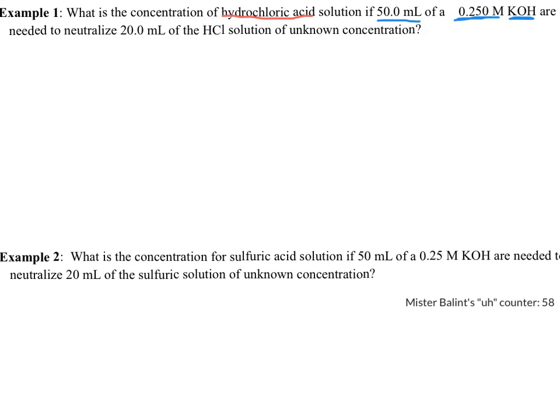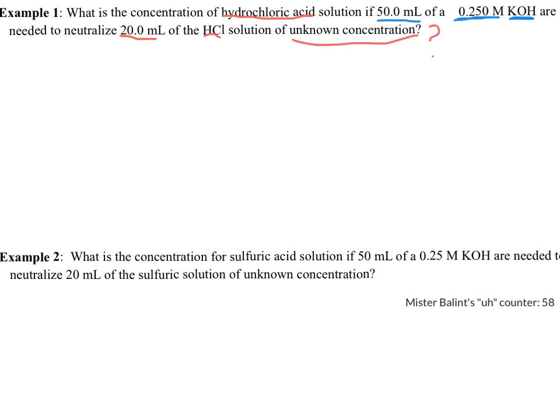So all those things are the base units, the volume for the base and the molarity for the base. We also have down here 20 milliliters of the acid, HCl, right? And I don't know the concentration.